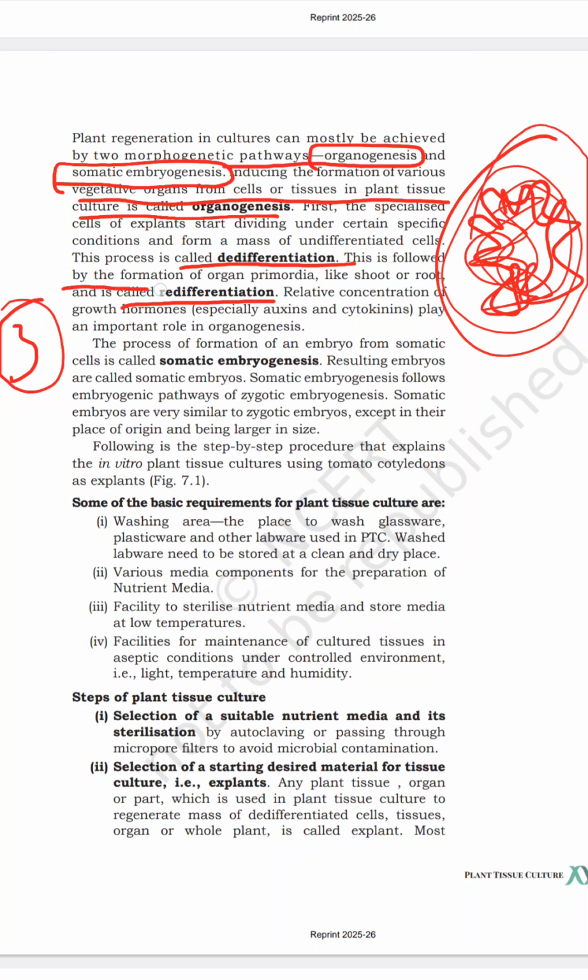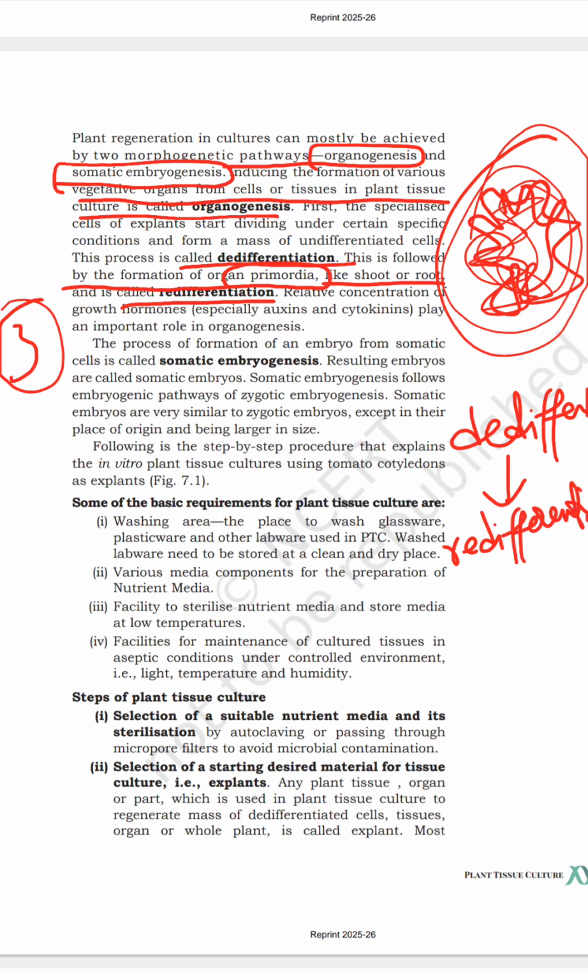It is followed by the formation of organ primordia, like shoot and root. So first it undergoes the dedifferentiation process, and then the redifferentiation process.